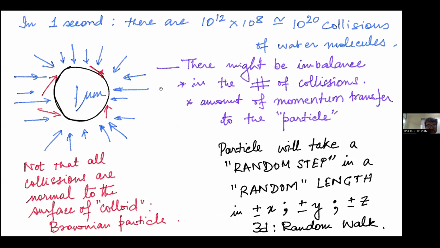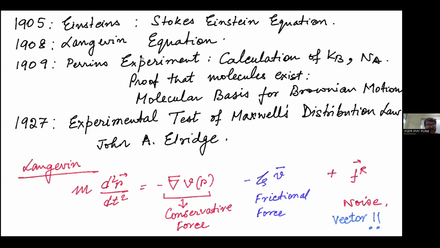Of course, at that time they would not have known the exact size, and they even didn't know what the Avogadro number was. They had an estimate for it, but the accurate value of Avogadro's number matters: KB is R by Na. What is the value of Na? You can't find out KB unless you know Na.